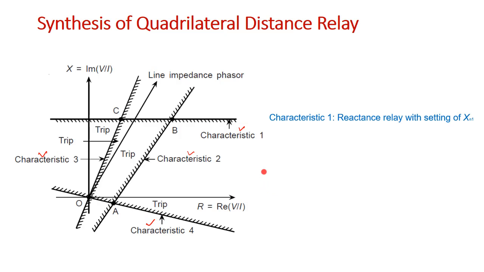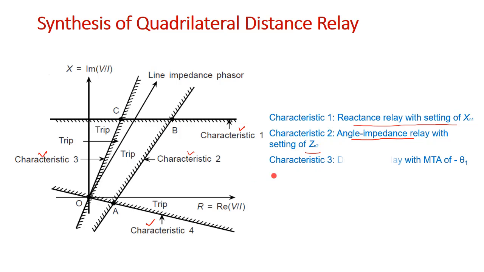Characteristic 1 represents the reactance relay with setting Xn1, characteristic 2 represents the angle impedance relay, as I told, with a setting of Zn2, and characteristic 3 represents the directional relay with MTA of minus theta 1. Characteristic 4 represents the directional relay with MTA of 0 degree.